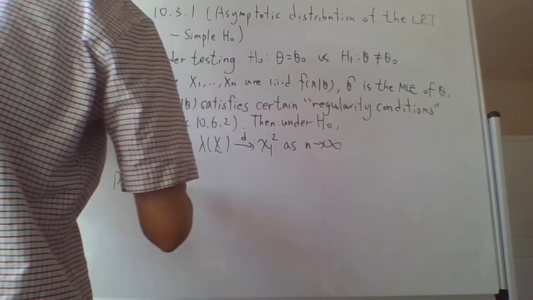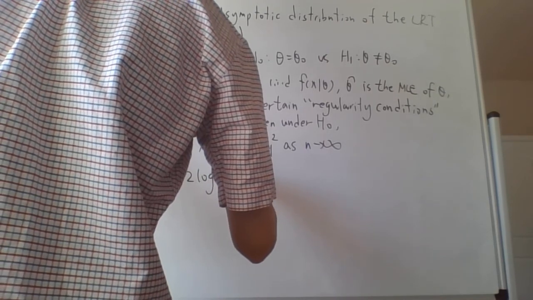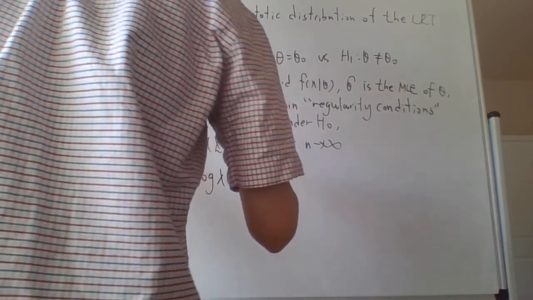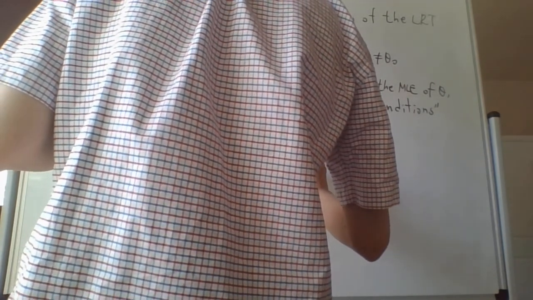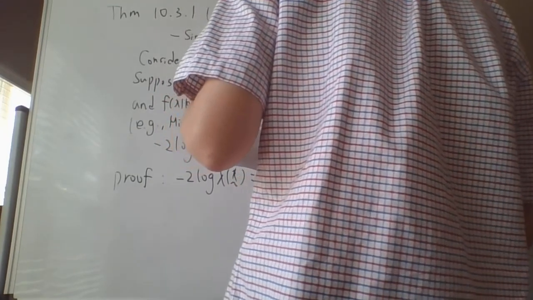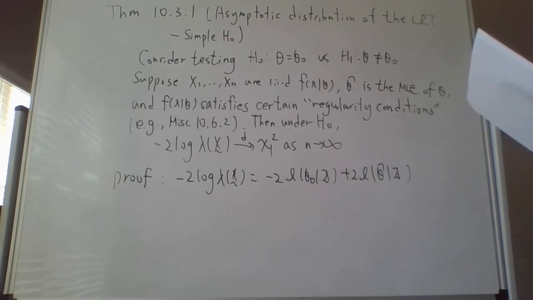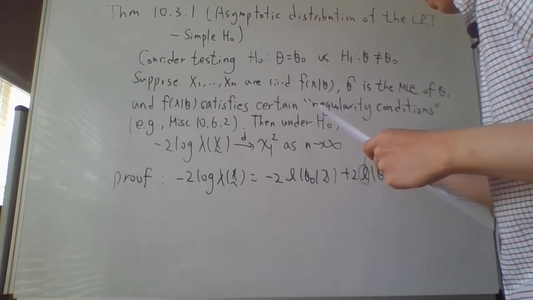So the proof is that -2 times log of lambda x is equal to minus 2 times log likelihood of theta 0 given x plus 2 times log likelihood of theta hat given x tilde.